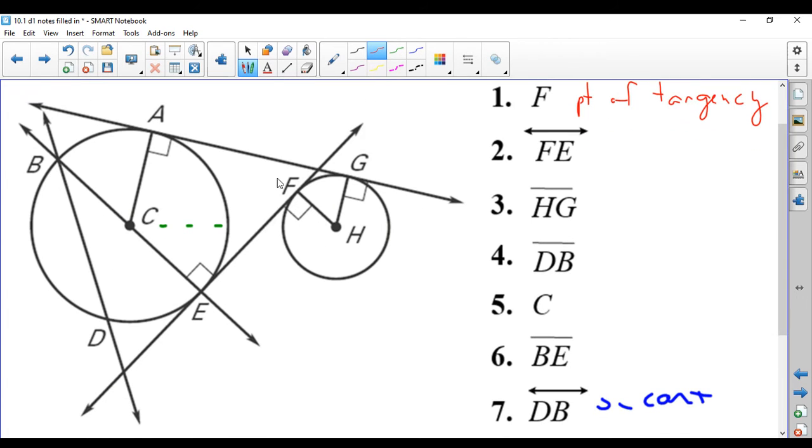Line FE is a tangent line, and line FE is actually tangent to two different circles. Line FE is both tangent to H and to circle C. Segment HG goes from the center H out to the edge of the circle, so that is a radius. Segment DB, D is a point on the circle, B is a point on the circle, and the segment connects them, so that is a chord.